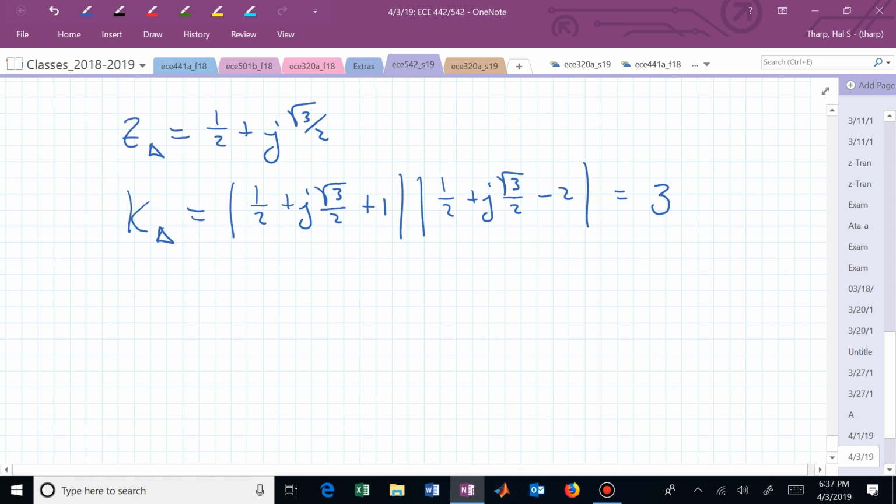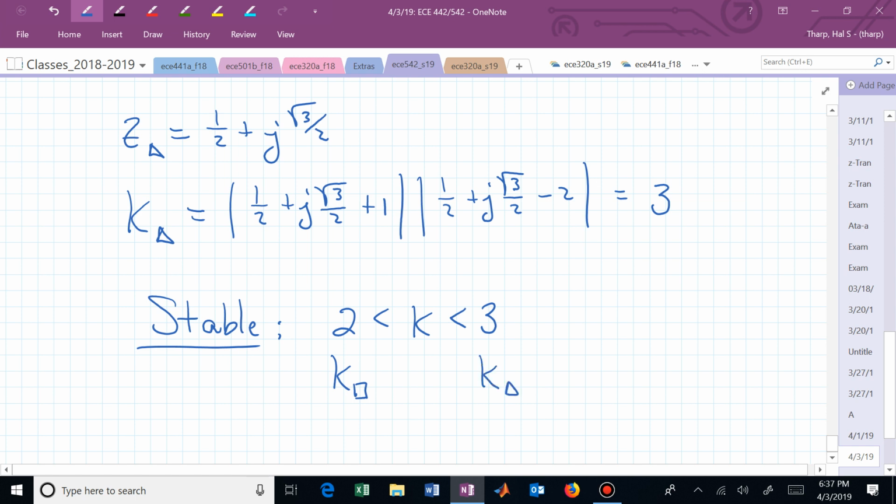What I'm trying to conclude with here in this example is we know that the stable values for k are between 2 and 3. This was k square and this was k triangle. Is that clear?